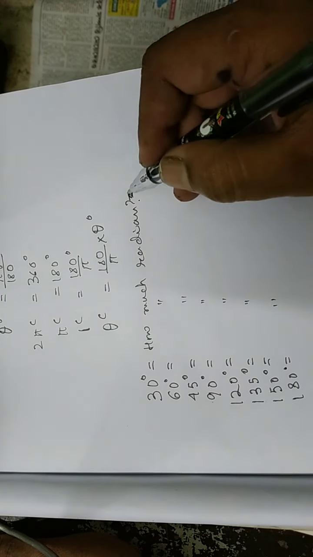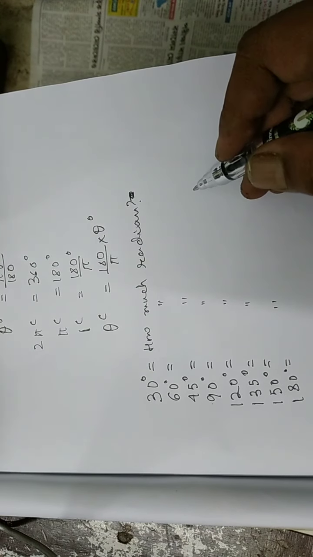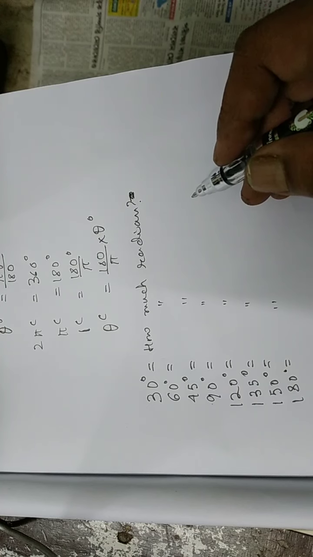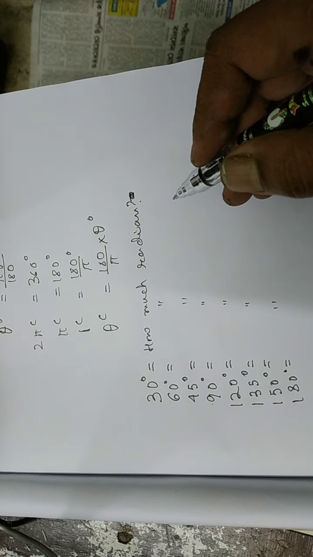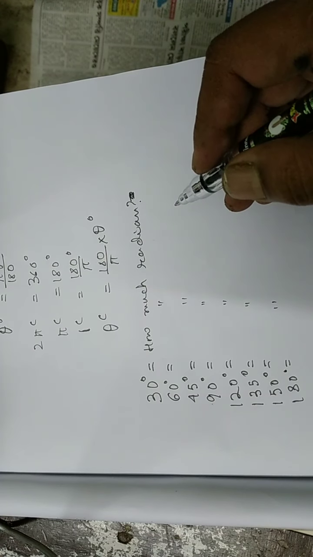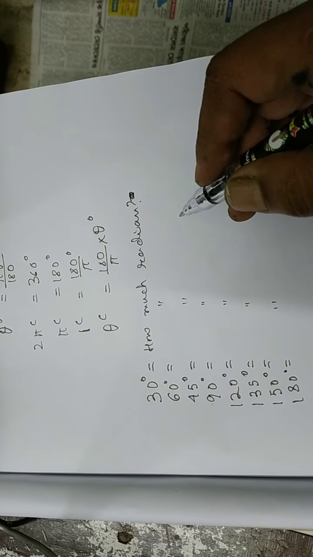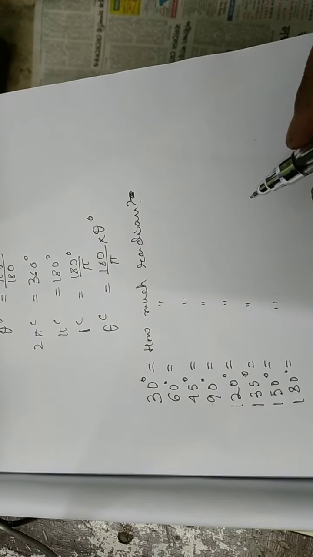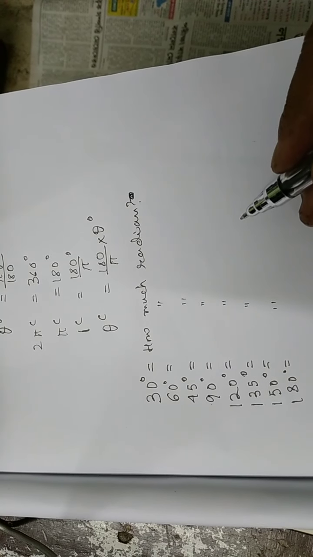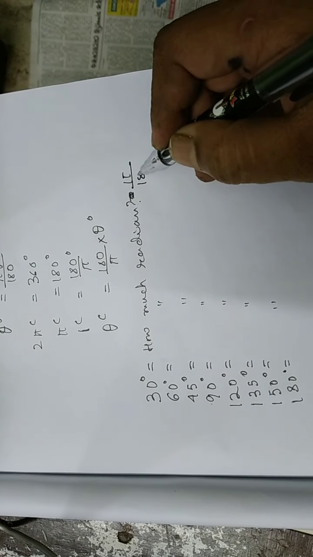Very simple. To convert degree to radian, it is pi by 180, right? For 30 degree, it is pi by 180 into 30.